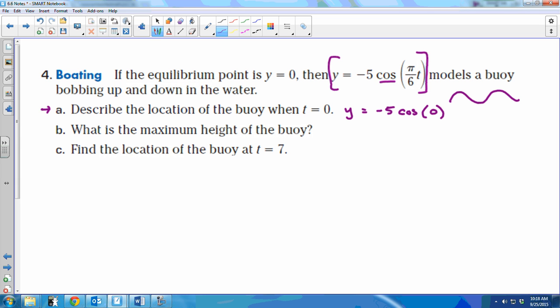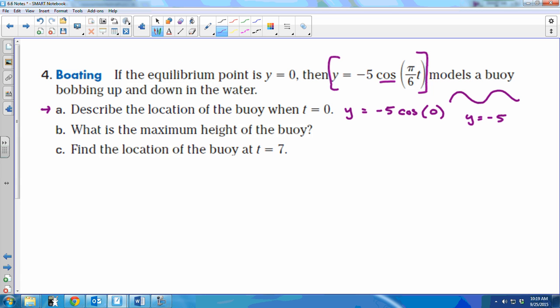When you use your calculator to figure this out, this is the first time so far in this unit that you would have had to use sine, cosine buttons in your calculator, so you now have to make sure it's in radian mode. If you're going to do cosine of 0, you're going to make sure everything's radians, etc. If you do that, the cosine of 0 is 1. You can get that from the unit circle as well. So what's -5 times 1? -5.